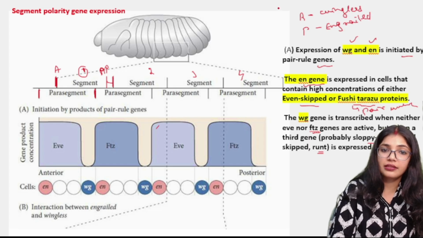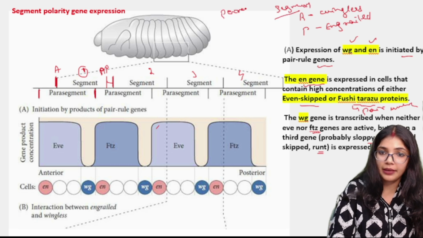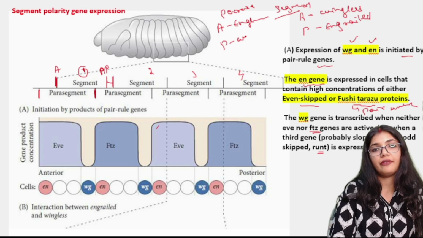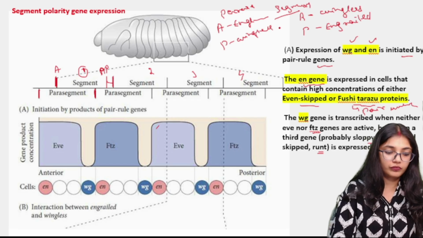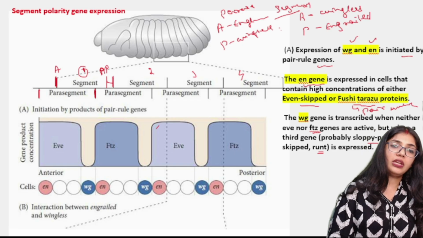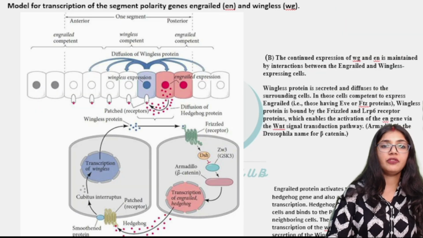These are the segment portions. In the parasegment, the anterior region has the engrailed and the posterior region has the wingless. Next, let us see with the help of this diagram.